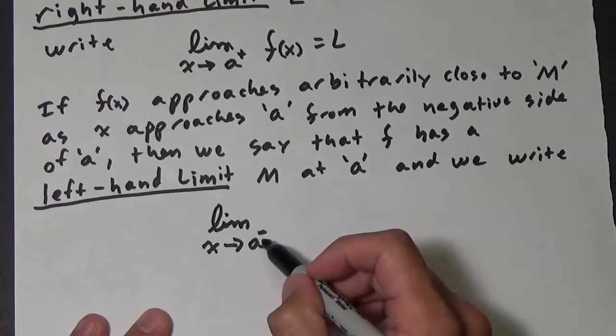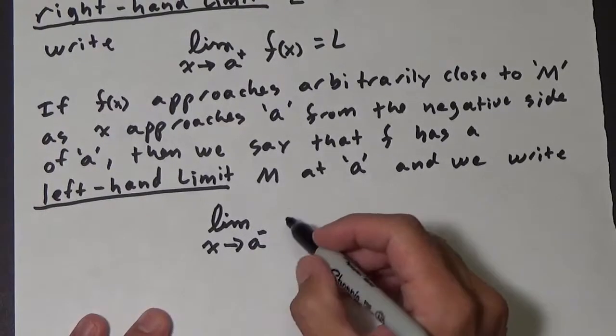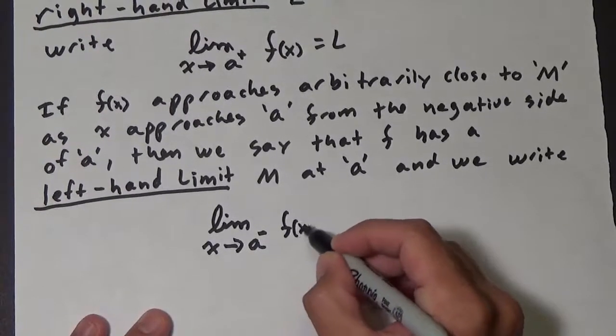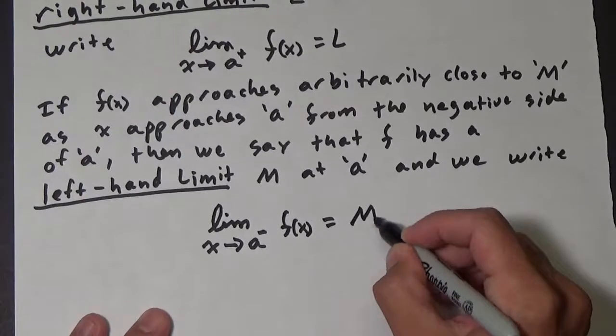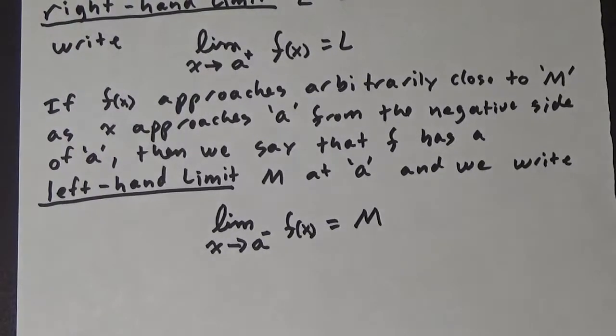And that negative means we're coming from the left-hand side, of f of x equals m. And so there is our left-hand limit.